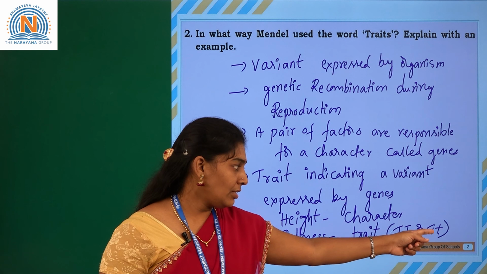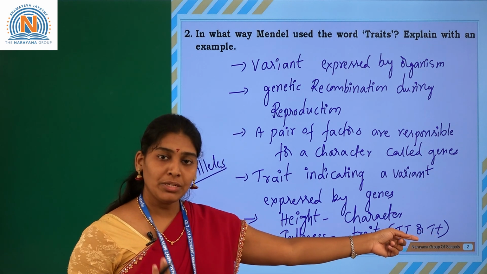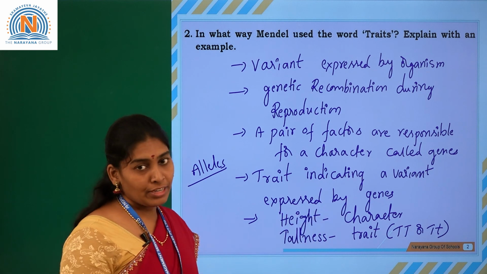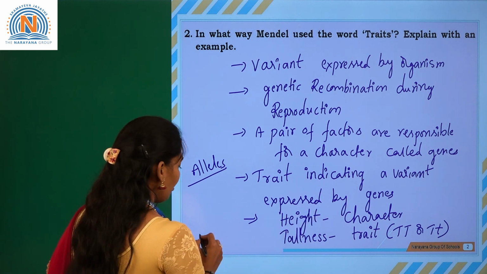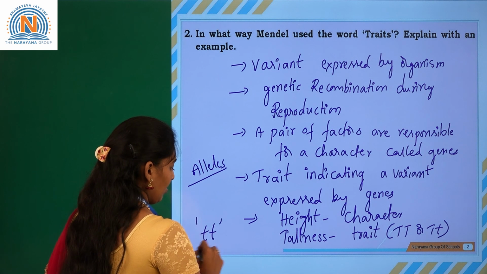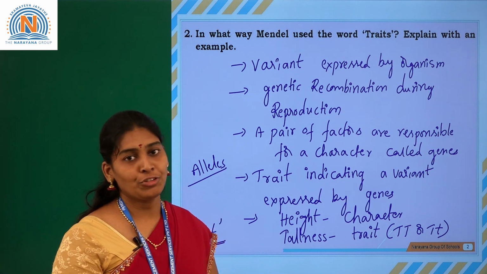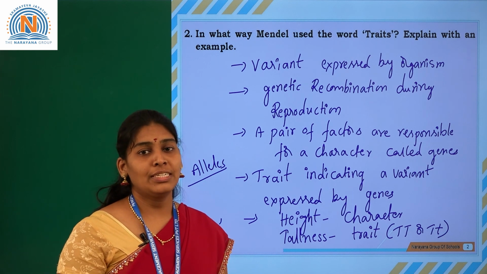Here the gene is small t, but it will express the tallness dominant character only. When it comes to dwarfness, we write small t, which stands for shortness. Dwarfness is equal to shortness. That's all for this assignment. Thank you.